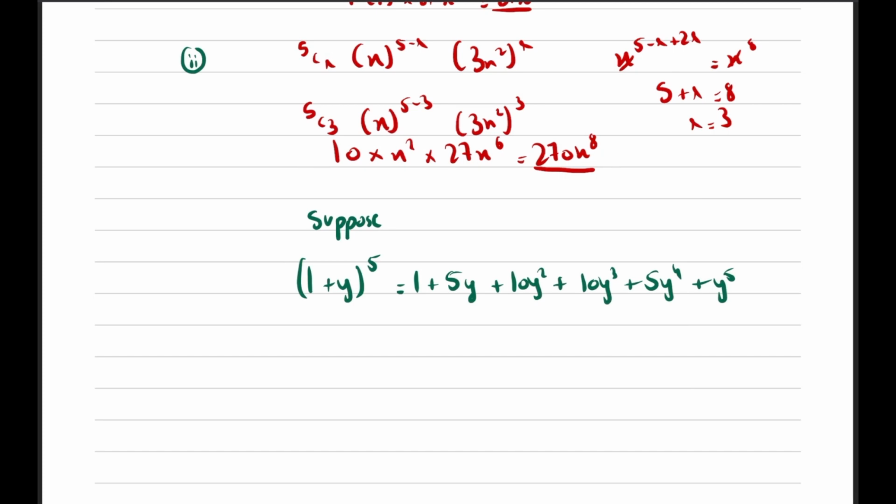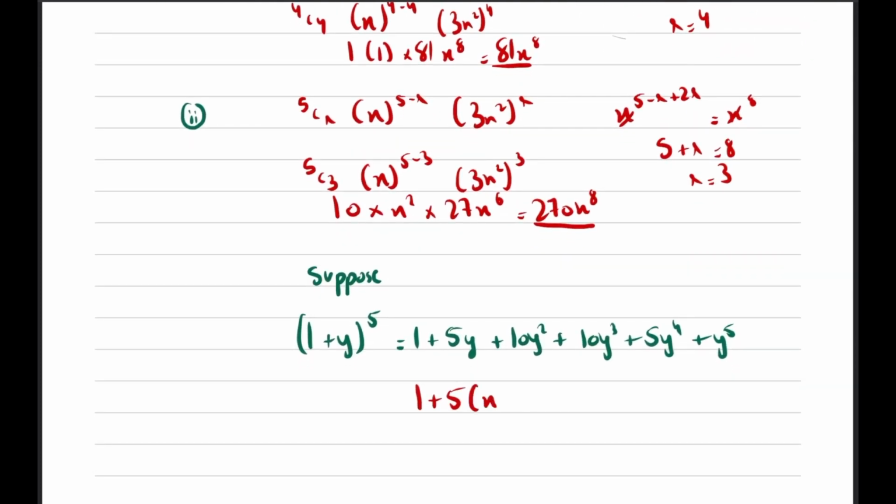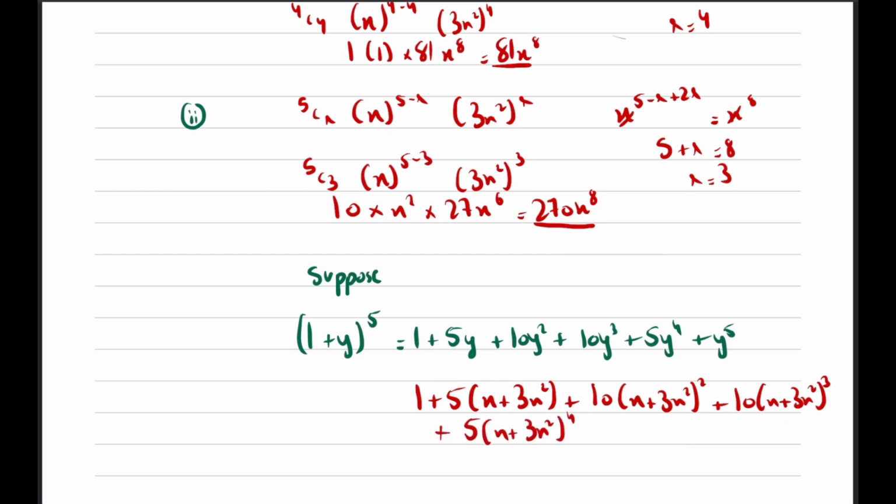Now what was actually y? y was x plus 3x square. So 1 plus 5(x plus 3x square) plus 10(x plus 3x square) whole square plus 10(x plus 3x square) whole cube, then 5(x plus 3x square) power 4 plus (x plus 3x square) power 5.